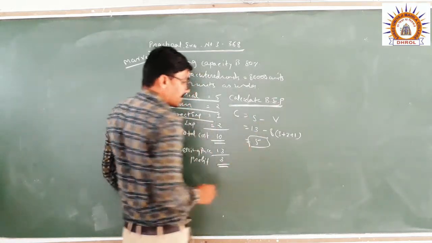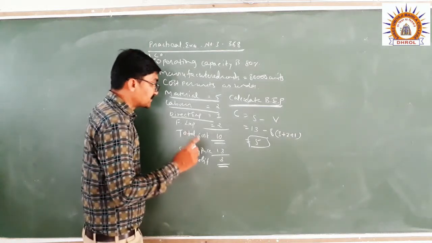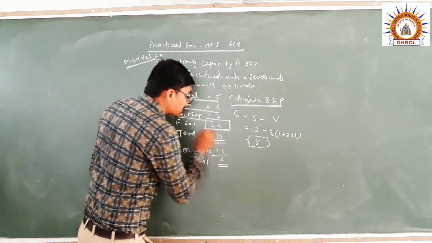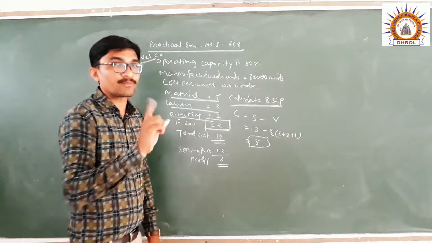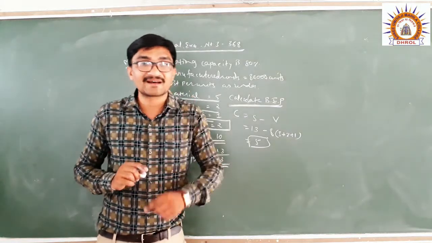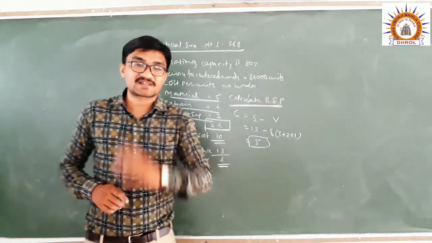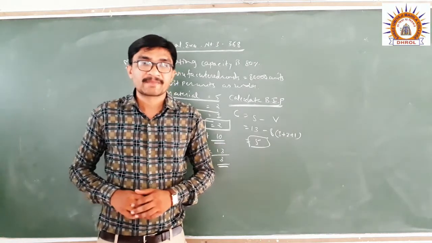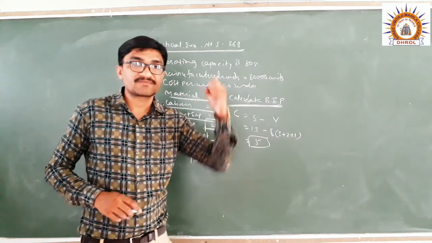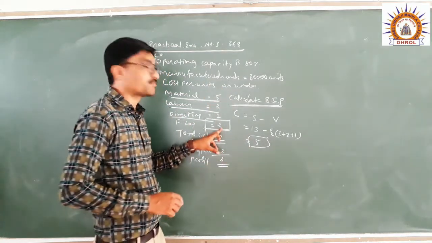Now find out the break-even point. As I told you in the last example, the fixed expense was given in terms of rupees. But in this example, the fixed expense is given in terms of per unit.